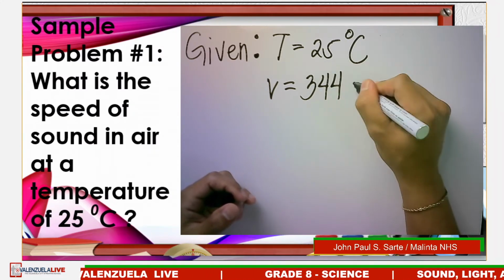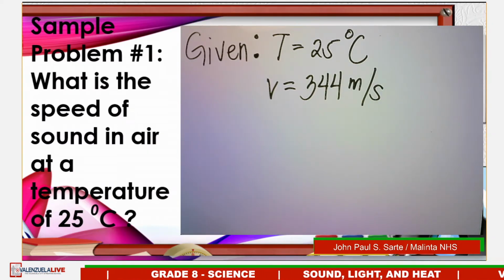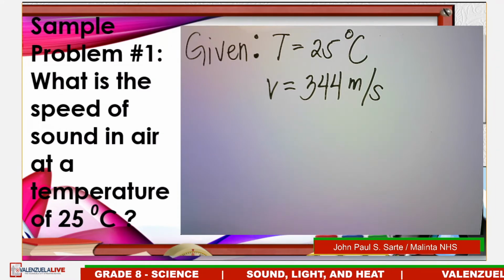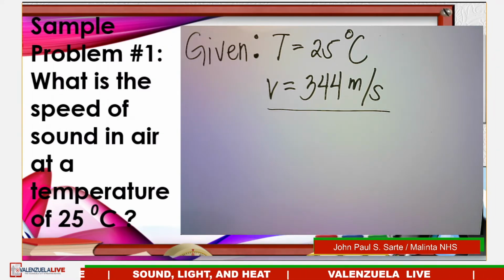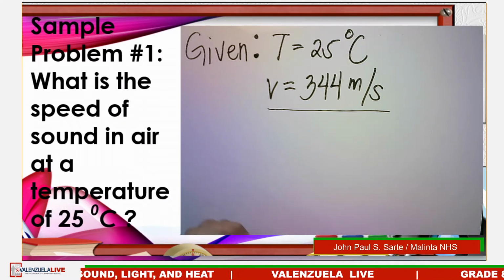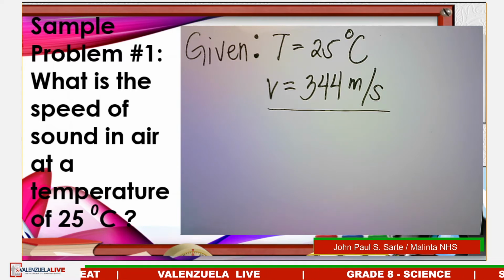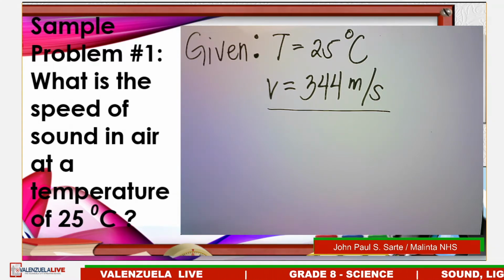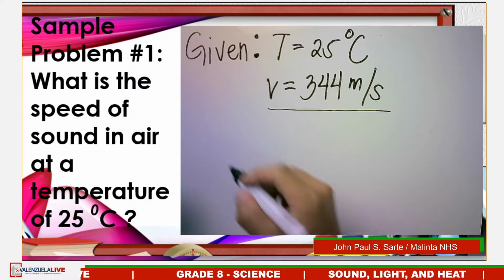344 meters per second. Class, we talked a while ago that this given speed of sound is constant, or fixed. Meaning to say, it is not changing. Okay, so we're done now with given. What is next?